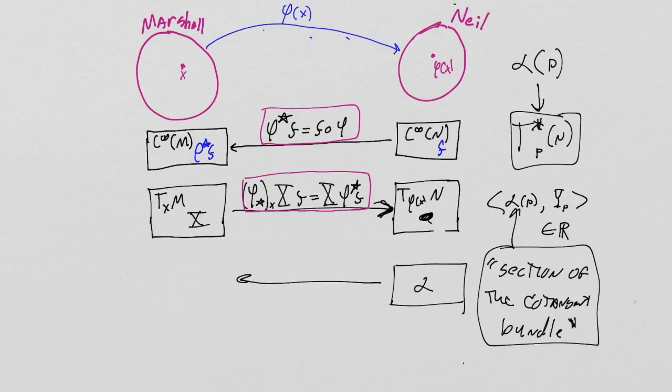And we can take a section of the cotangent bundle, or we can take, what's a much easier way of saying this, the way we've been using it, a cotangent field or a dual vector field, and we can pull it back into being into the space of sections of the cotangent bundle of M. So we're going to pull this cotangent field from N back to M. And it's forced upon us by this guy.